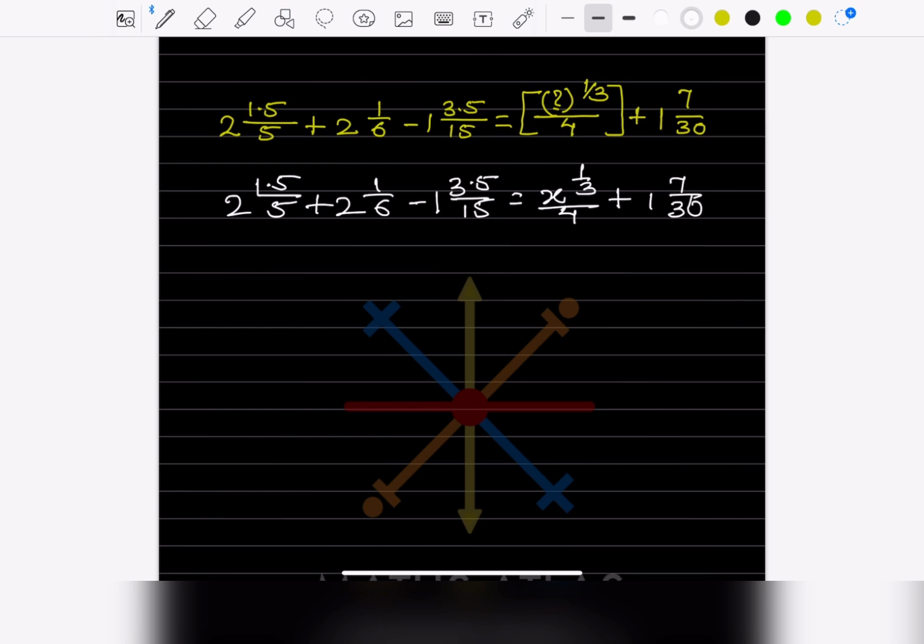First thing, these are mixed fractions, so we are going to make them improper ones.